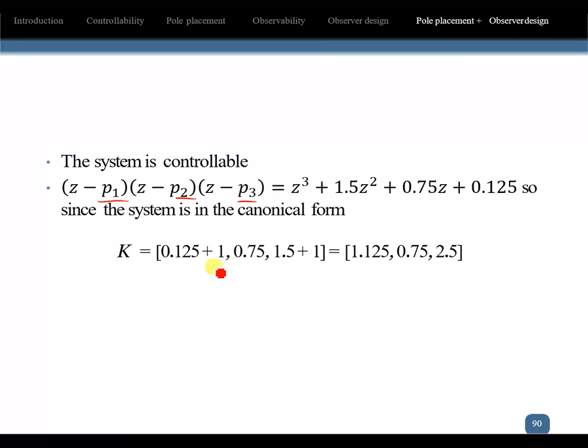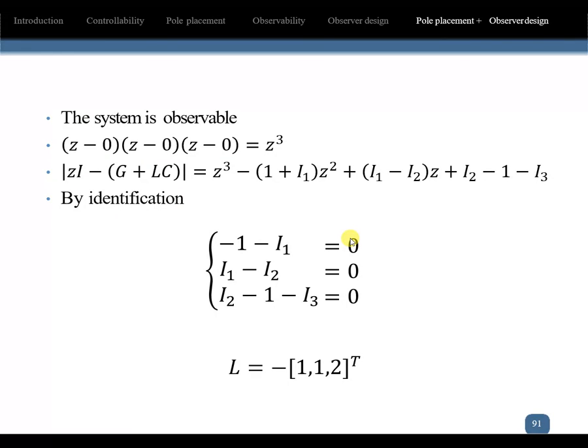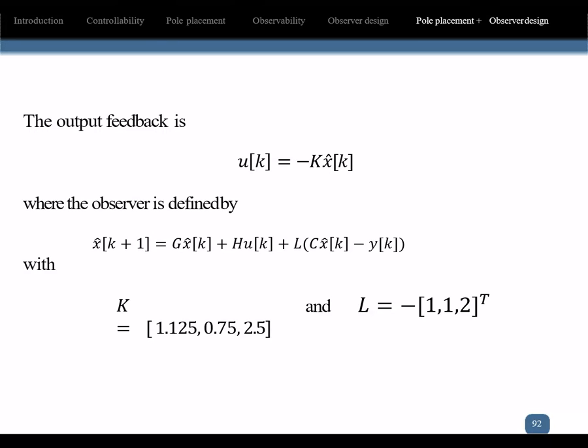K is found. Then zI minus (G + LC) should have a deadbeat response. To find it, you can find L1, L2 and L3. This uses the separation principle: you can find K and you can find L.